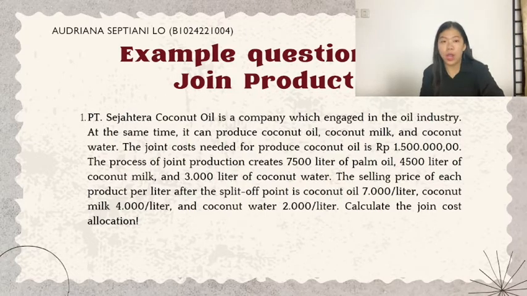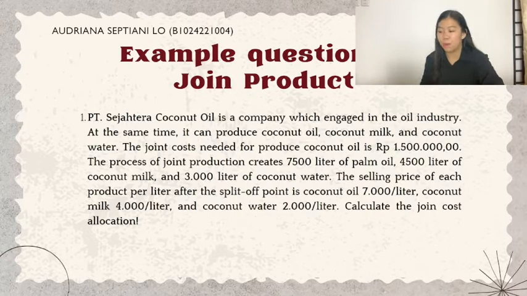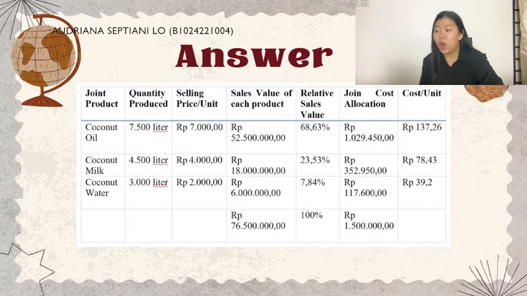The selling price of each product per liter at the split-off point is coconut oil 7,000 per liter, coconut milk 4,000 rupiah per liter, and coconut water 2,000 rupiah per liter. Calculate the allocated cost. For the coconut oil, the sales value is 52,500,000 rupiah.